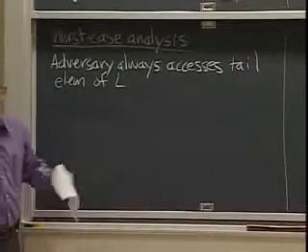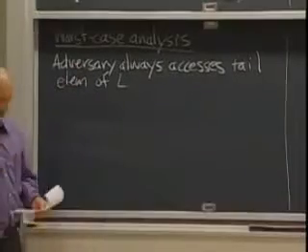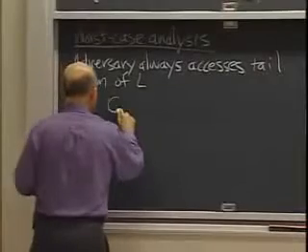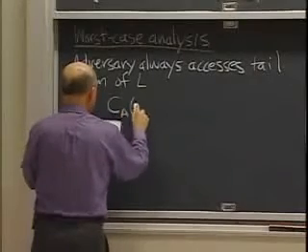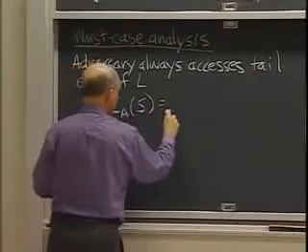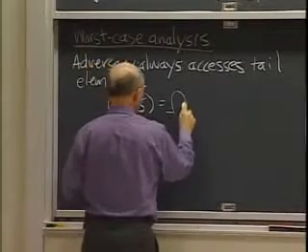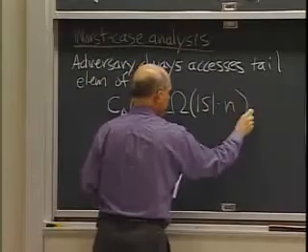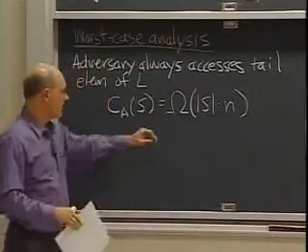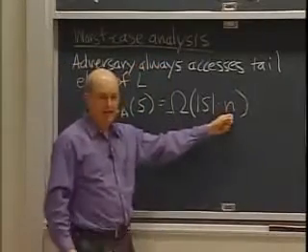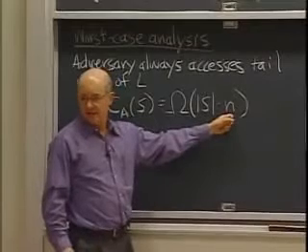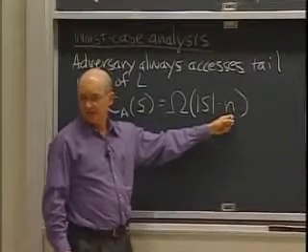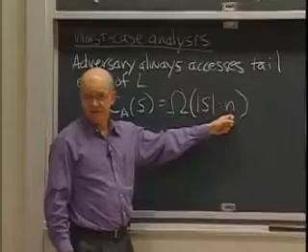For each one, the adversary just accesses the tail. So the cost of any algorithm is going to be omega of the size of S times n, because for every element in the sequence, you're going to pay a cost of n.